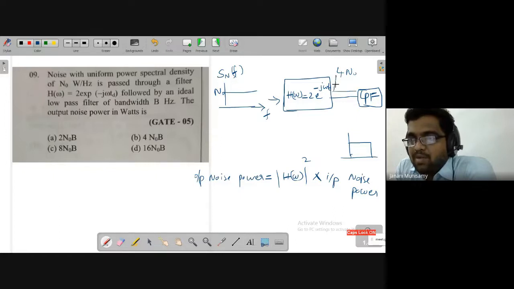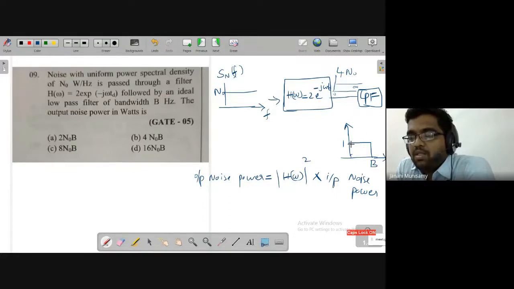Now the bandwidth is still infinite, but after that it is passed through a low pass filter. Say the low pass filter has bandwidth B. Again, the low pass filter magnitude will be 1, because it is an ideal low pass filter. Then this signal is passed through that filter.